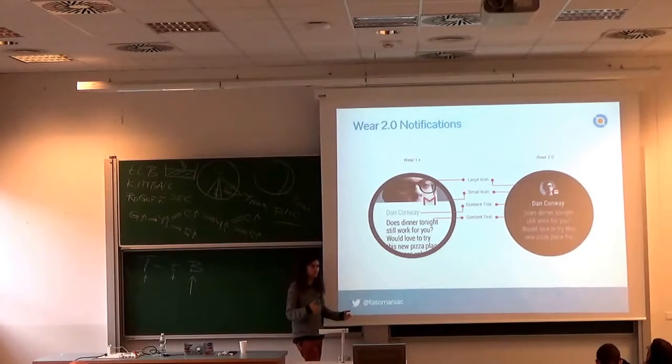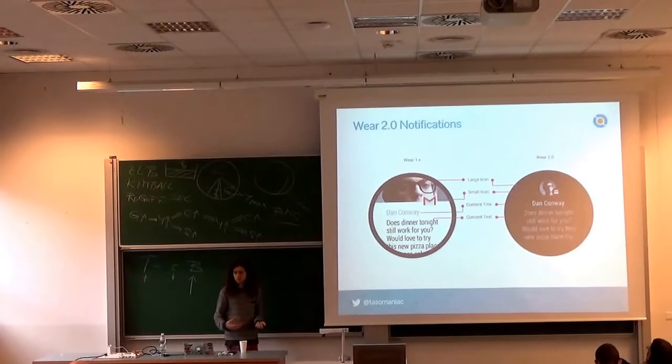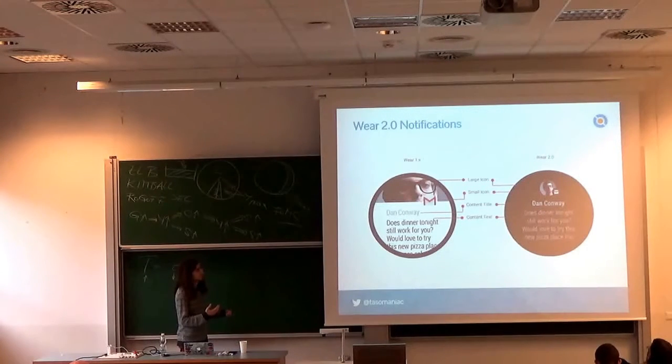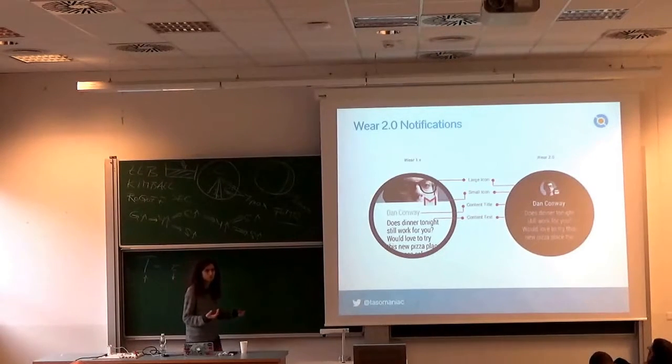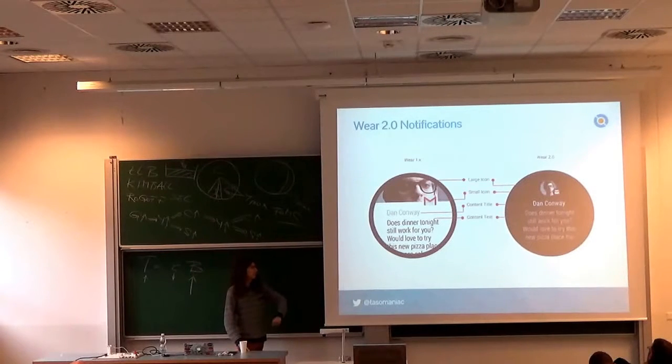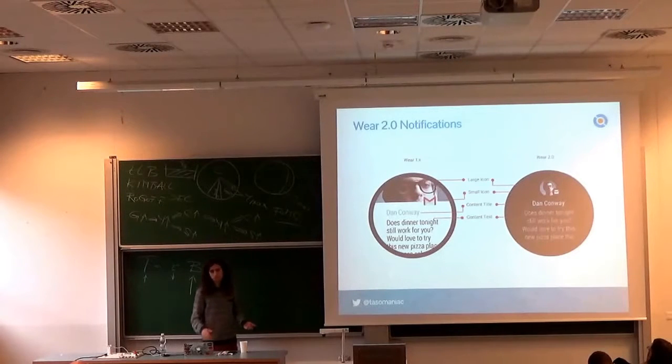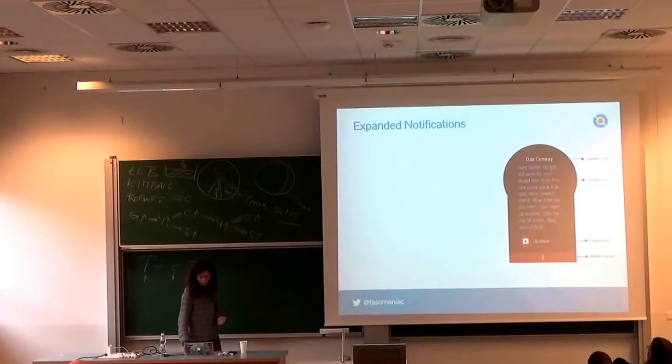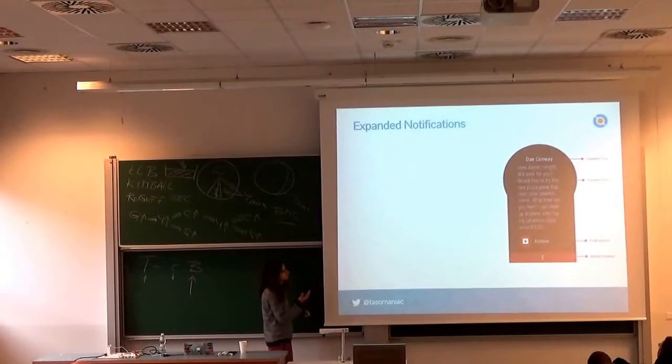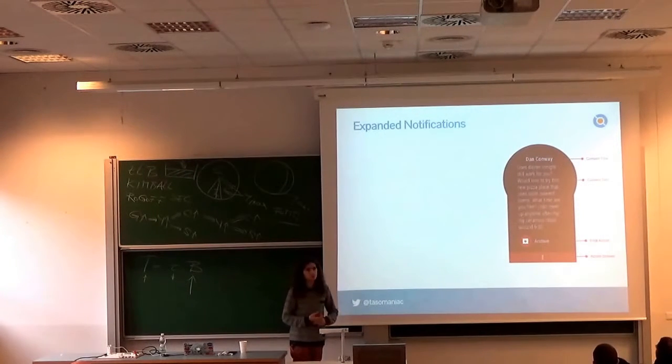Now, when you go into a notification, it's really easy actually, and you can also do it with gestures. So you pull your hands down and you go into the notification to see everything. So this is a possible detail of a notification.